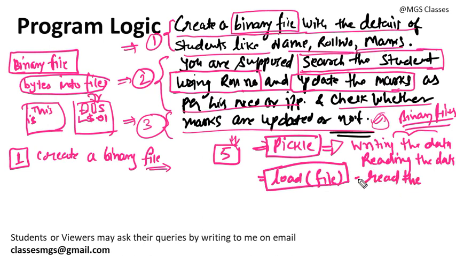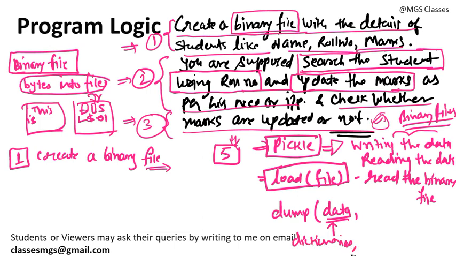I am telling you all these things because I am building your concept, then only you will be able to create a binary file. To read the binary file, you will use the load method, and to write into the binary file you will use the dump method. Using the dump method you generally write dictionaries or any Python object like a list. Yesterday we stored a list of dictionaries into the file.